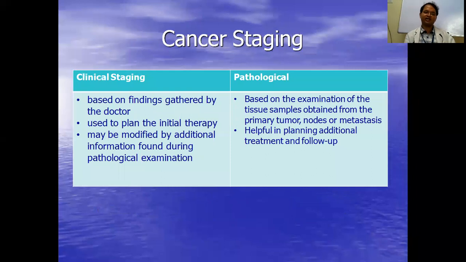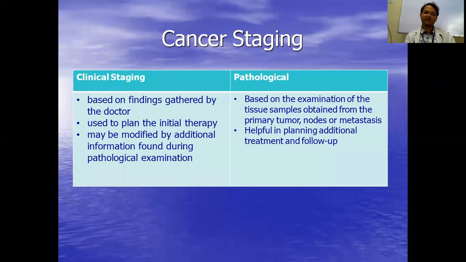Coming to the staging of cancer, initially the clinician might stage the cancer based on the findings he gathers from the patient. And this is used to plan the initial therapy. Later, this has to be modified when the additional information is obtained after the pathological examination.